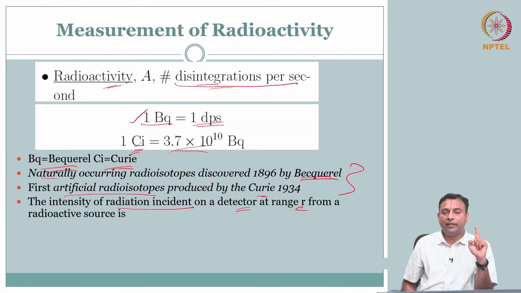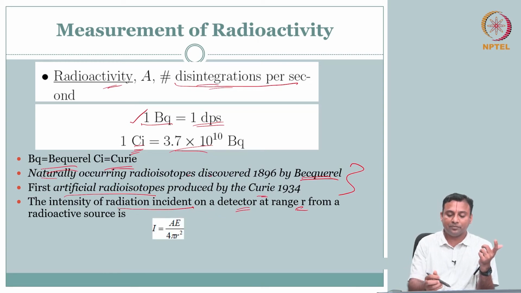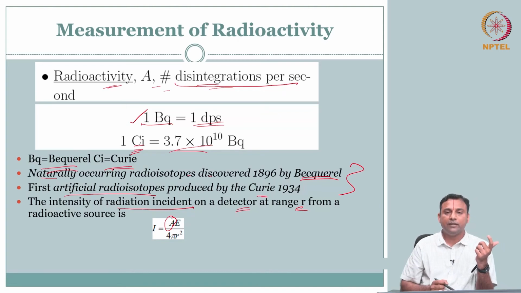But what is your intensity? Intensity has to do with number. In our previous X-ray lecture, what did we say? Number of photons times energy per photon. Here, activity gives rise to it, so the number of disintegrations times the energy per disintegration.